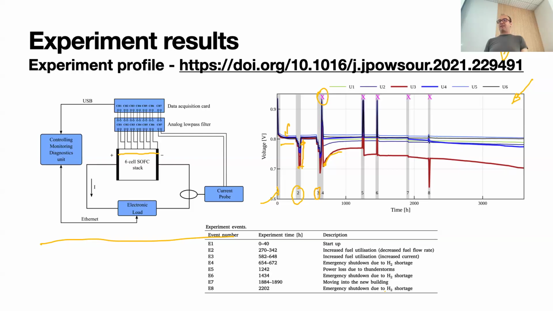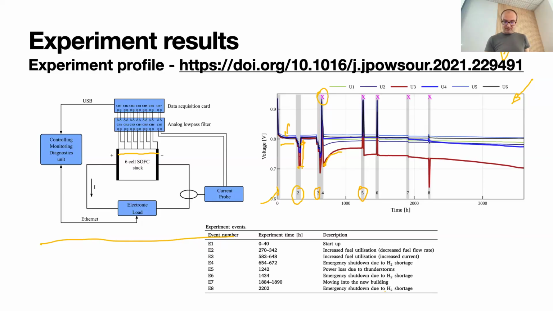And then matters turned worse. All the events going forward, I'm going to explain each and every one of them, were not our fault. Event number 5, there was a severe thunderstorm in Grenoble, and everything went into emergency shutdown.